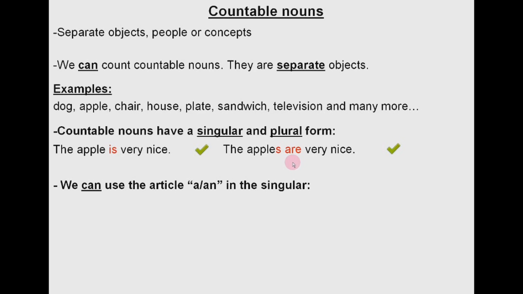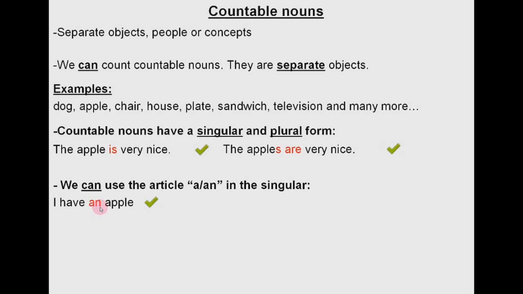And with countable nouns, we can use the article a or an when we use the singular. I have an apple. So we are talking about one apple. It is singular. And so we can use the word an.